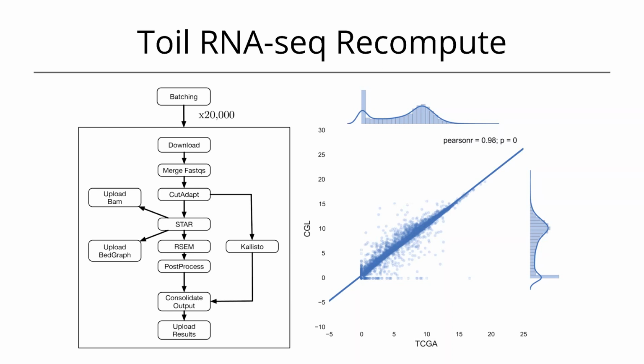And on the right-hand side, you can see there's a gene-level concordance plot between this pipeline that we developed, denoted CGL here just for our lab, and the TCGA best practice, showing a very high level of concordance between the two. Next slide.